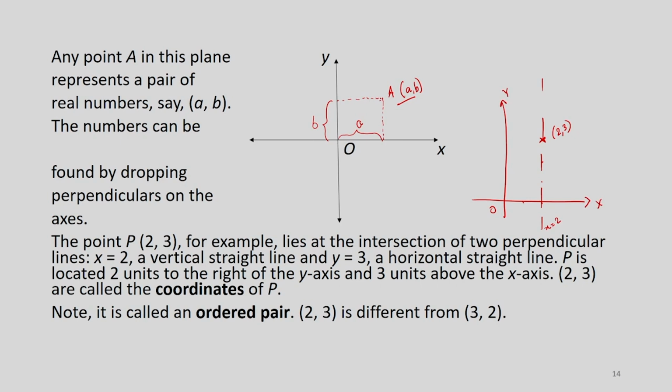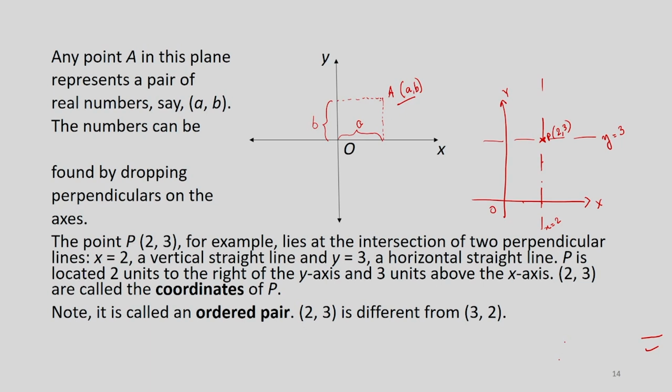It is a vertical straight line as I have drawn, and y is equal to 3, a horizontal line. So, this is y is equal to 3. So, this point P 2, 3 lies at the intersection of these two lines, x is equal to 2 and y is equal to 3.